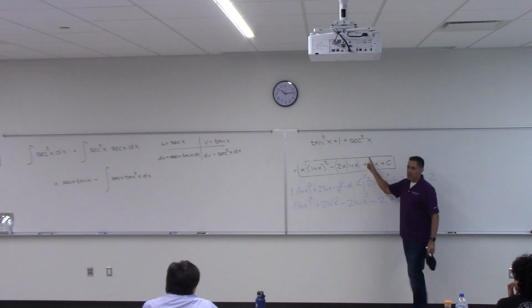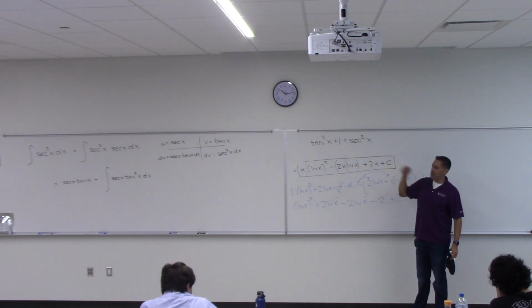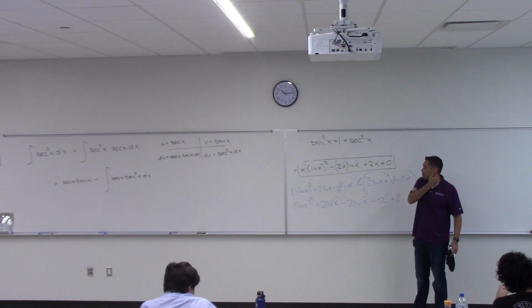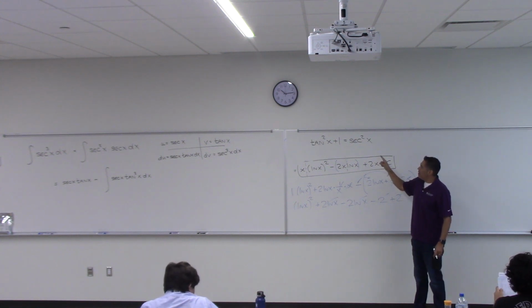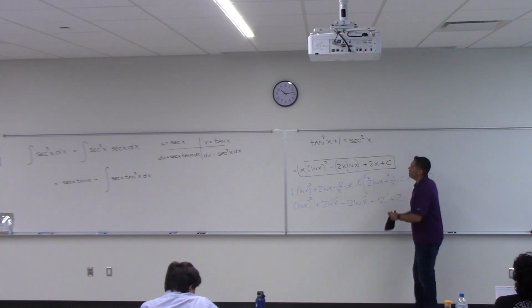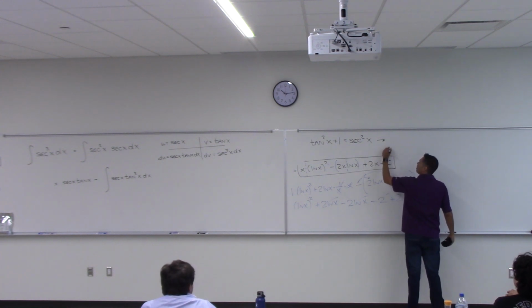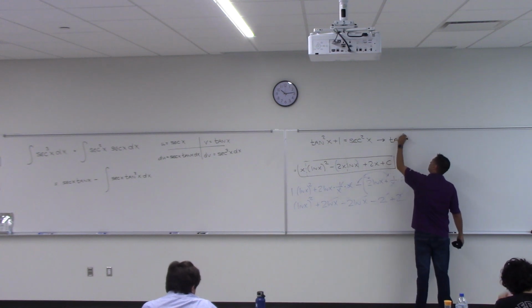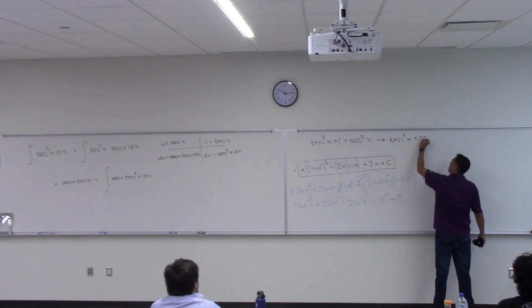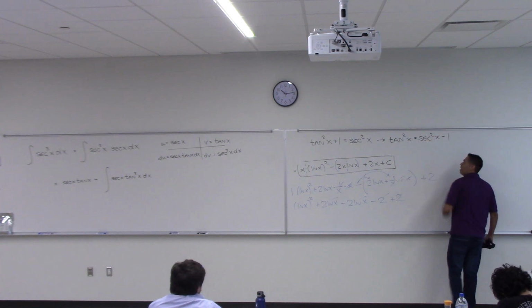This is one that you should get comfortable with, very comfortable with. We're going to need this a lot in this class in the next few weeks. So that identity, I can solve this for tangent squared, can't I? If I try and isolate this, tangent squared x is secant squared x minus 1, right?